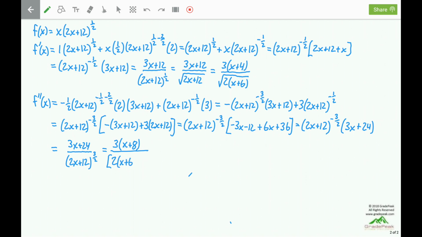Factoring out the 2 will leave behind an x plus 6. So we have the second derivative written as a single fraction. All powers are positive. It's fully factored. There's the version we're going to want.